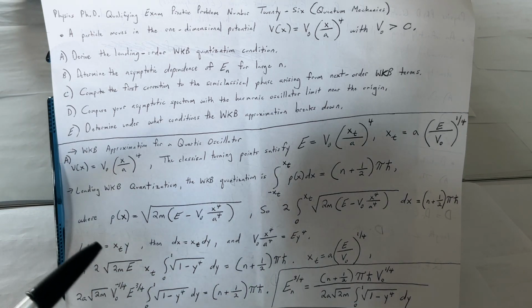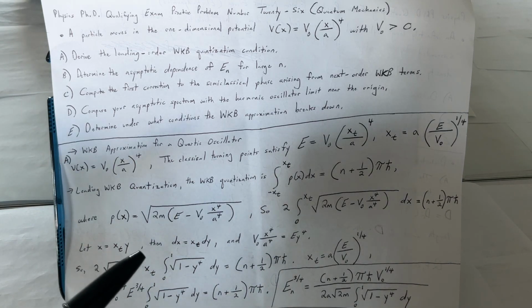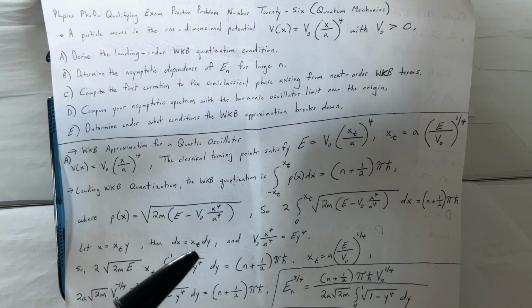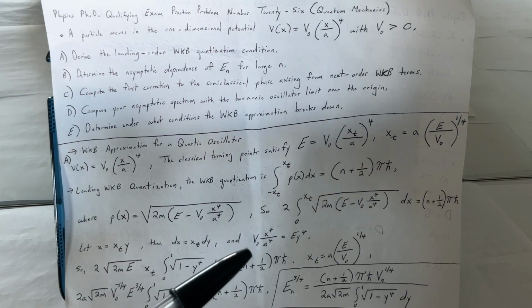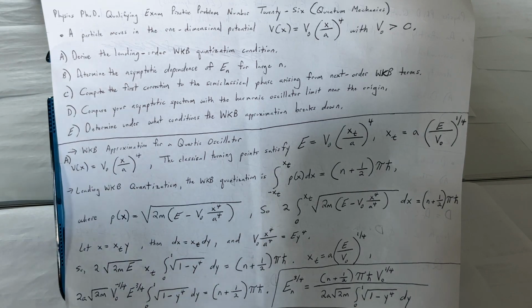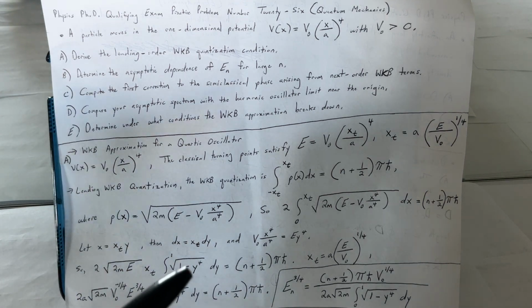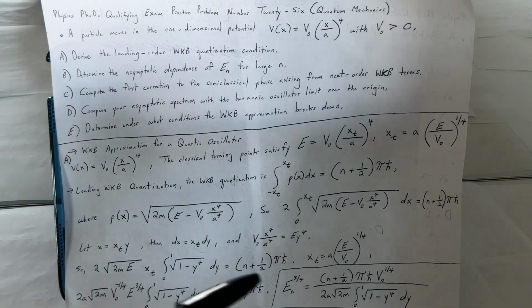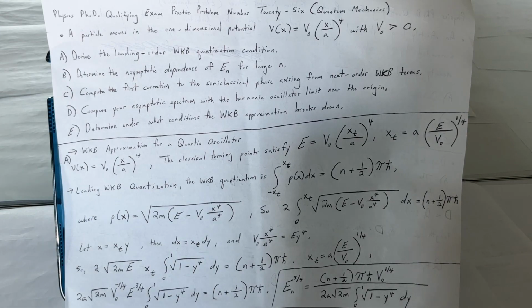So if we go ahead and let x equal x sub t times y, then dx equals x sub t dy, and V naught x to the fourth over a to the fourth equals E y to the fourth. So 2 times the square root of 2mE times x sub t, and then the integral from 0 to 1 of the square root of 1 minus y to the fourth dy, that is going to equal n plus 1/2 pi h bar.